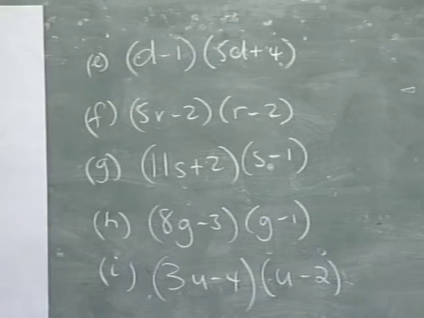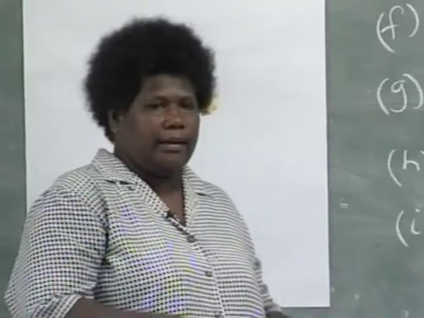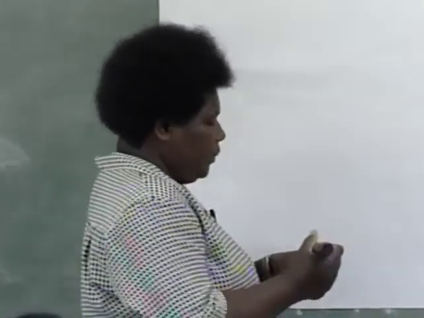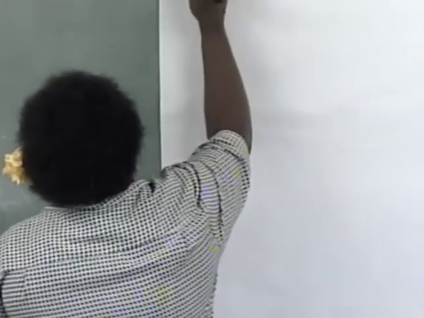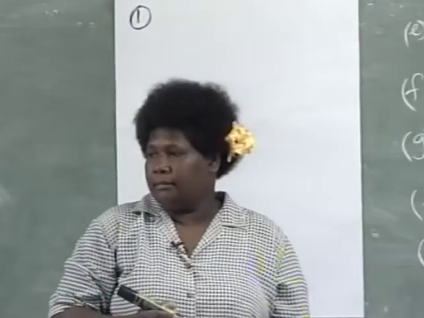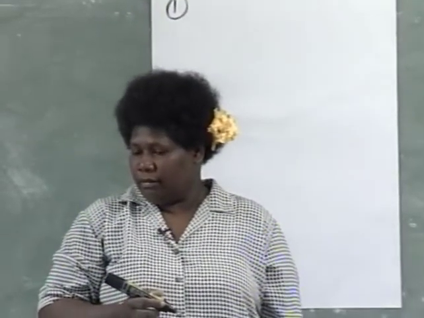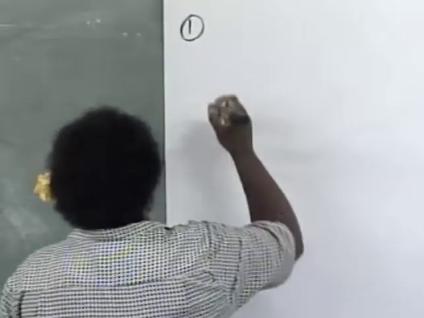Okay, before we do the next exercise, I want us to go over the types of factorizing that we've looked at so far. All right, the first one, Patrick. Factorizing difference of two squares.